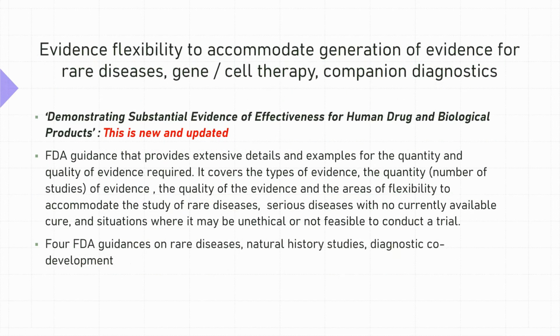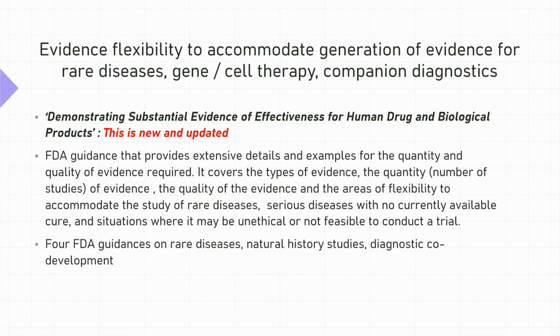There is another important guidance on evidence flexibility, and this has updated a guidance that was probably 15 years old, and it's to accommodate the new examples for the quantity and quality of evidence required for rare diseases, where it's hard to find patients.